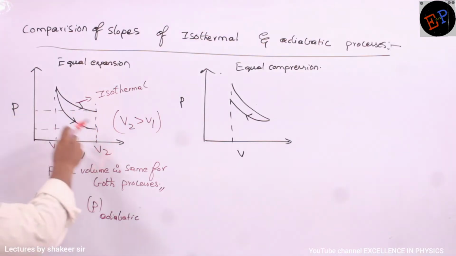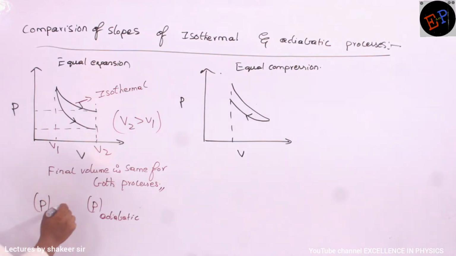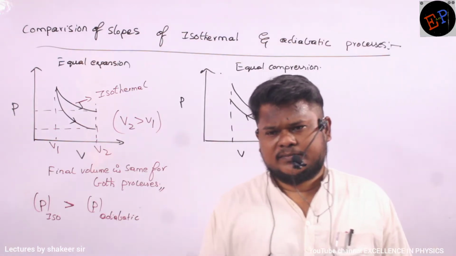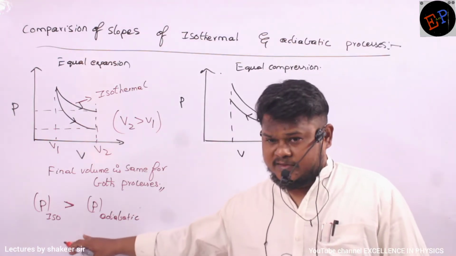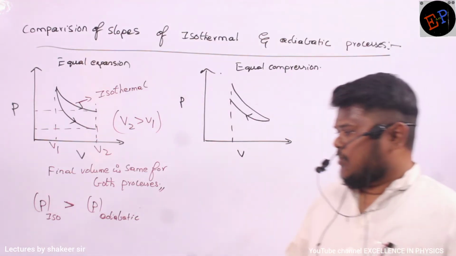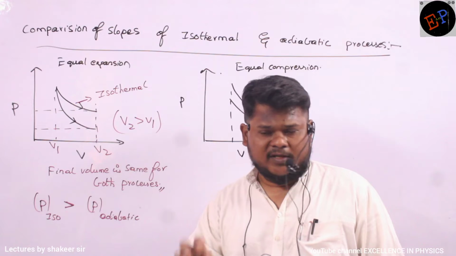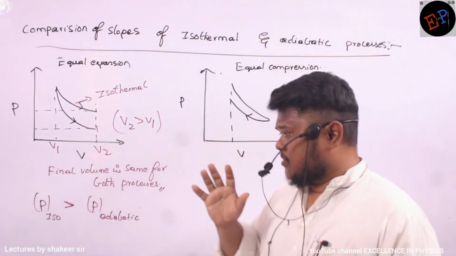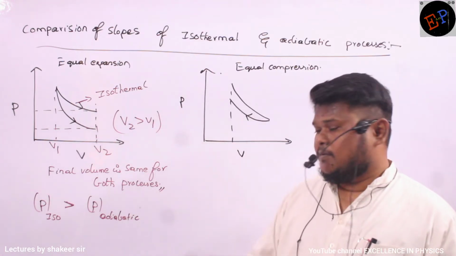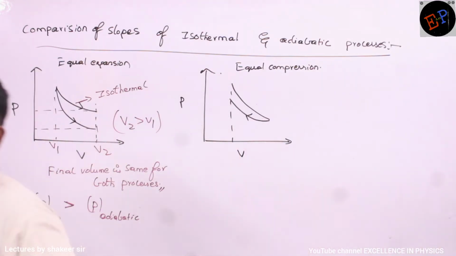So therefore, which pressure is greater? The pressure of the isothermal process is greater than the pressure of the adiabatic process. Is it clear? Now I want the reason for this. This is what I am trying to explain to you. When I expand this gas in two different processes, why is the final pressure of the isothermal process greater than the pressure of the adiabatic process?